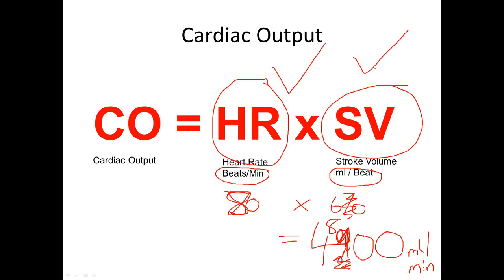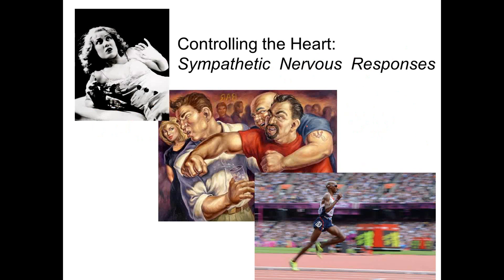What you need to know now is, how does it do it? How do we change cardiac output? So first of all, the first way in which we can control these parameters of heart rate and stroke volume is via the nervous system. And the key part of the nervous system, which we've already seen this week, is the sympathetic nervous system.